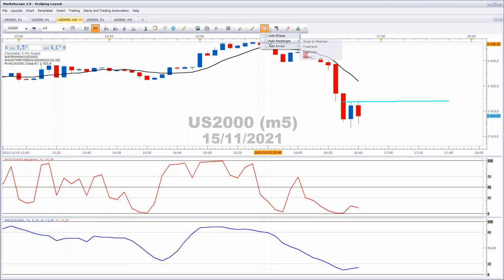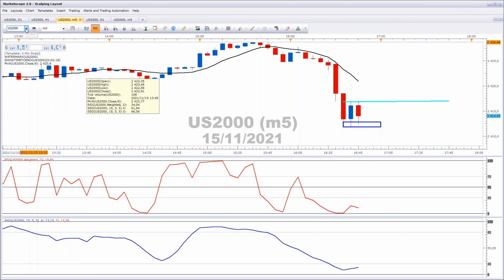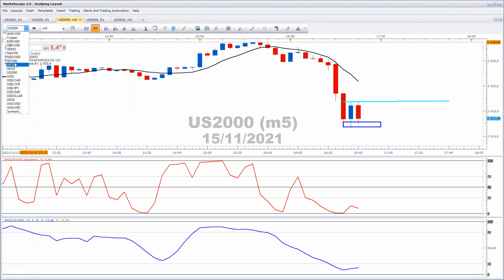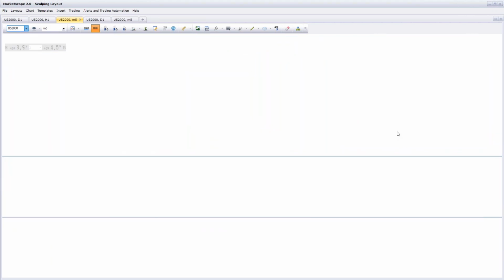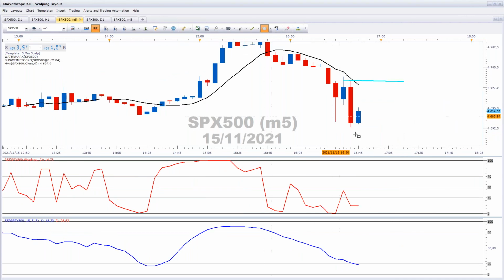Kind of a support area here for the time being. This is very far away. Actually, let's take this out.